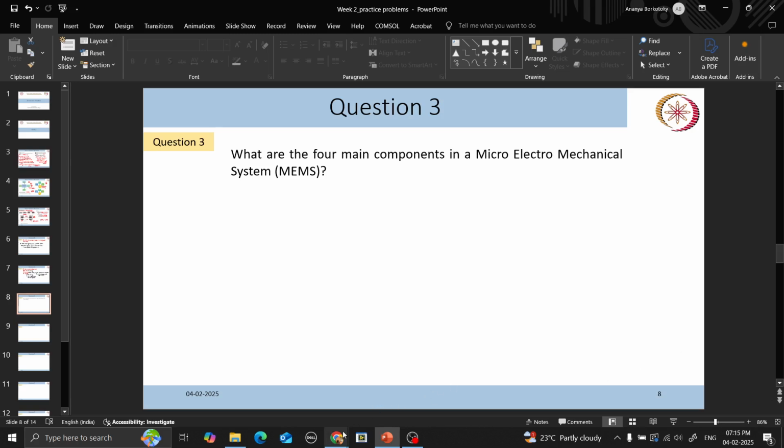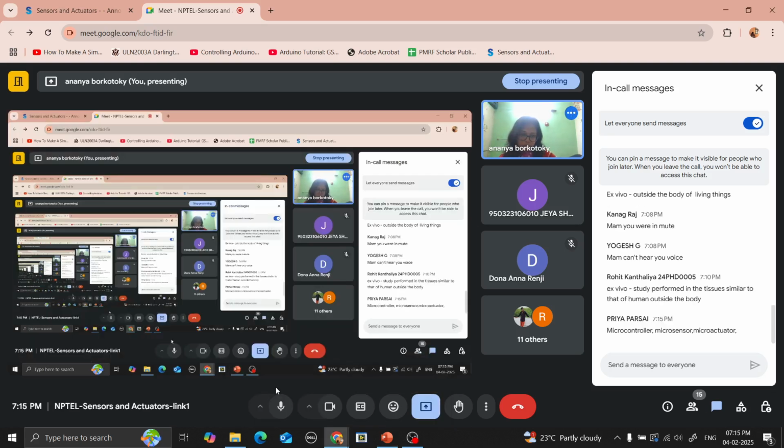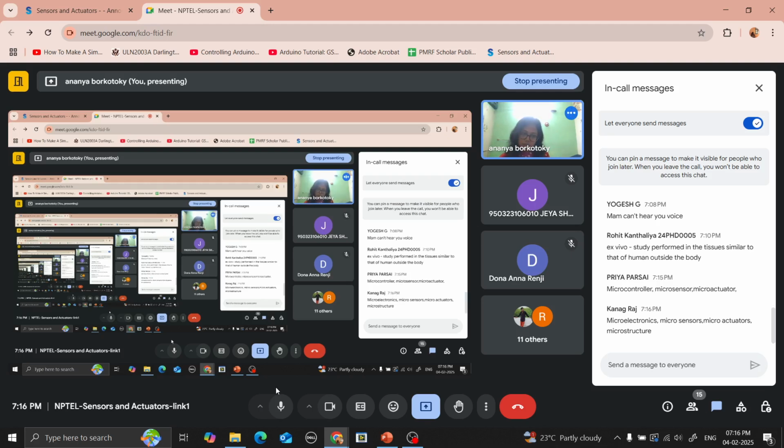Four main components of a MEMS system: microcontroller, micro sensors, micro actuators, and there is one more. Microcontroller is not exactly correct.